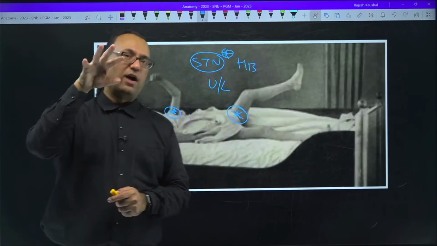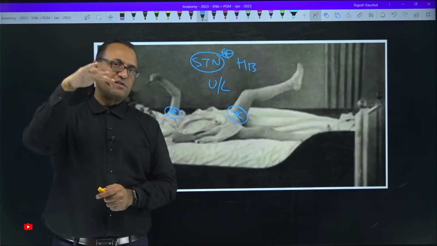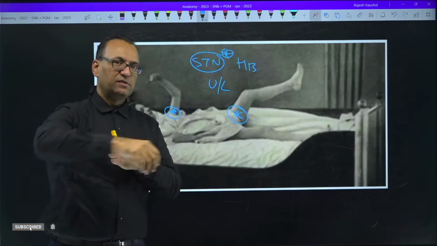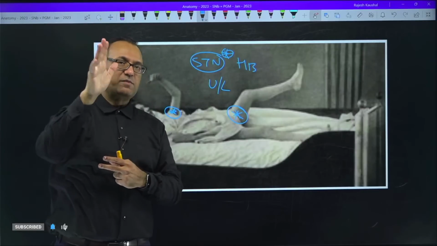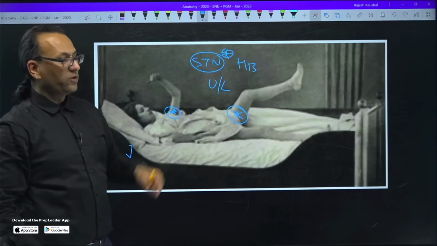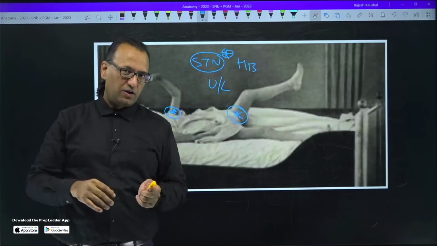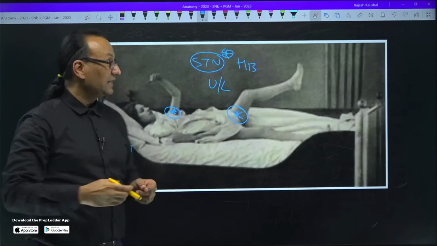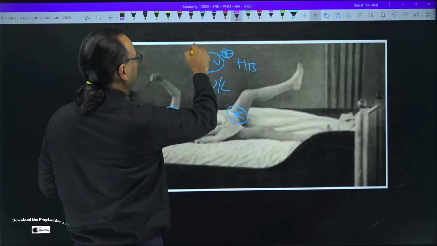So that is chorea. This is athetosis. But this is not hemiballismus. Hemiballismus is not distal muscles, it is proximal muscles. And where is the lesion? Subthalamic nucleus. It is usually unilateral. And the subthalamic nucleus is a part of basal ganglia.